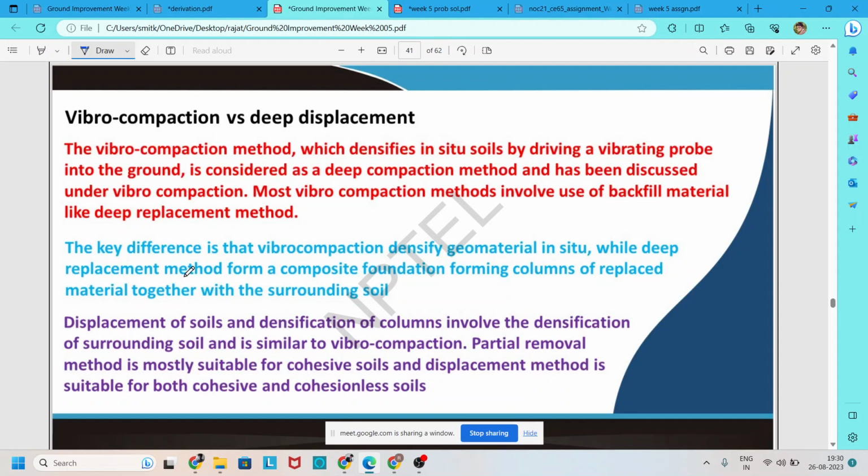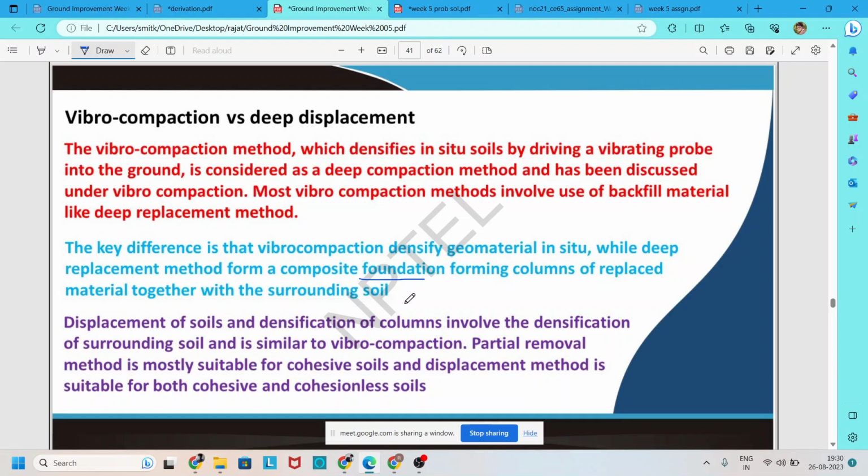But the key difference is that vibrocompaction densifies the ground in situ, while the deep replacement method forms a composite foundation, forming a column of replaced material together with the surrounding soil.